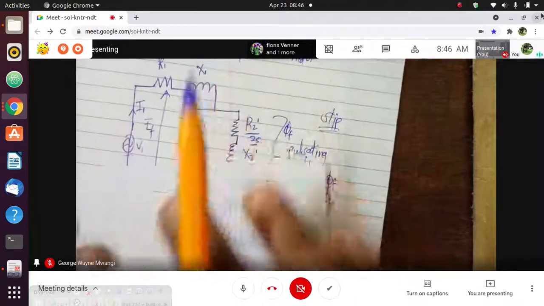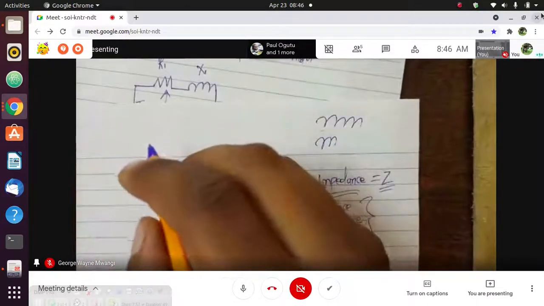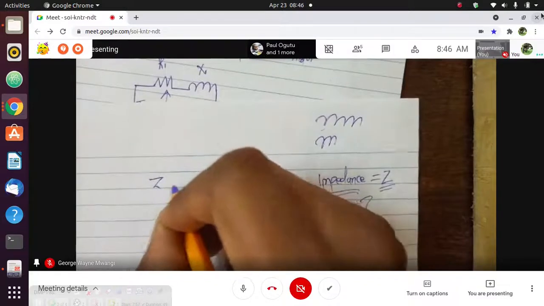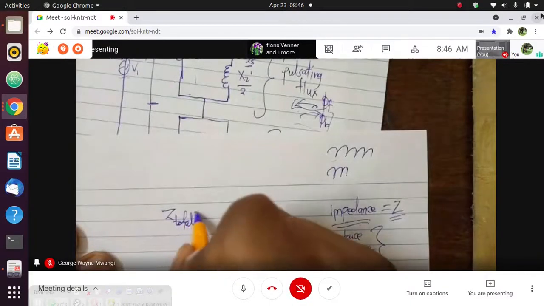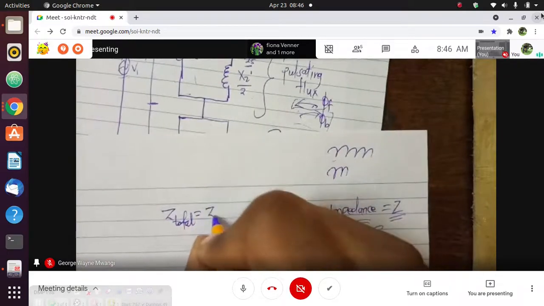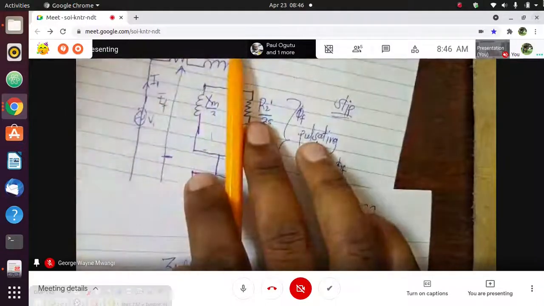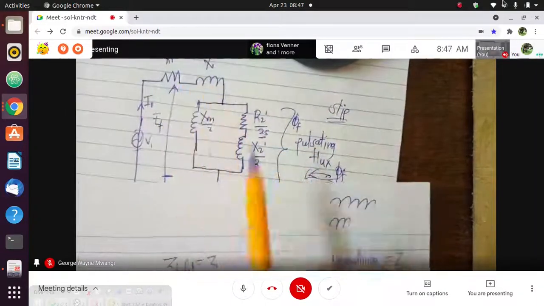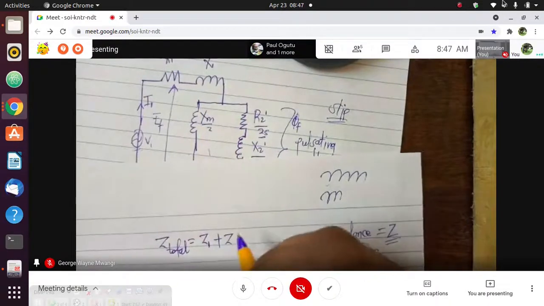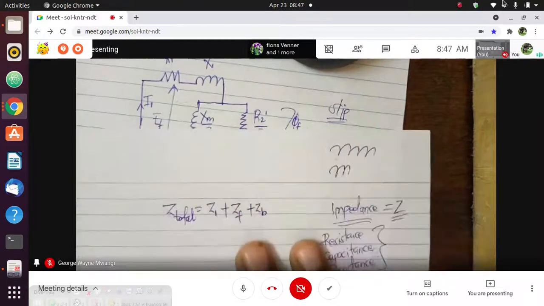Now, when we are calculating the total impedance in this circuit, it will be equal to the impedance in the stator, plus the impedance due to the forward moving field, plus the impedance due to the backward moving field.